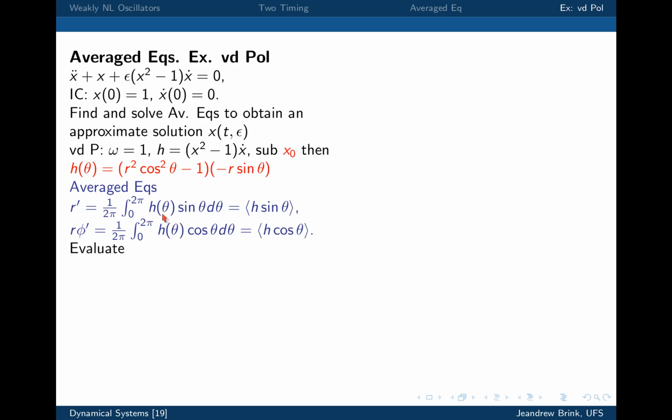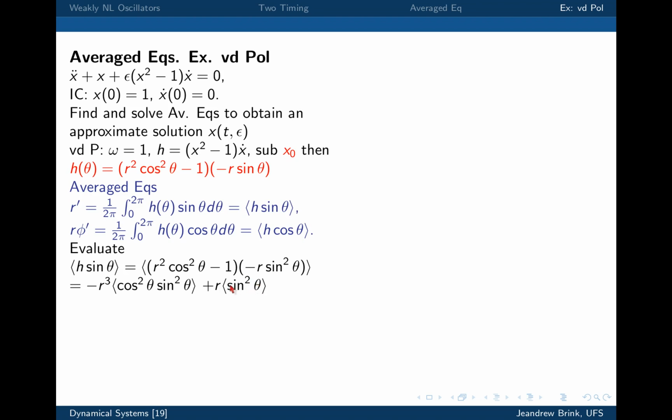So if we start evaluating it, h times sine theta is simply this expression. You multiply out the expression and you actually do the angular integral. So that's just grouping the terms. It's cos squared theta, sine squared theta, and you can take the r outside, plus r times sine squared theta.